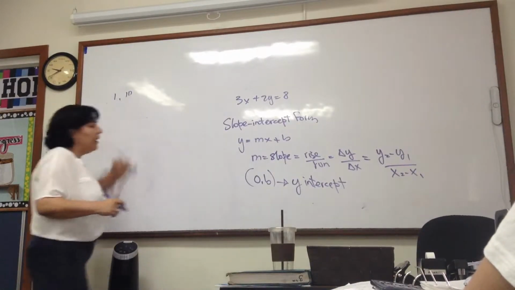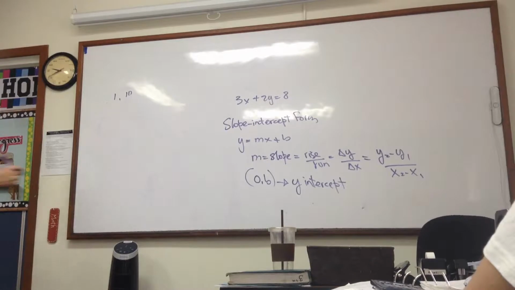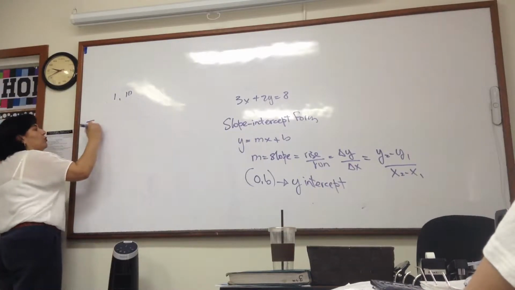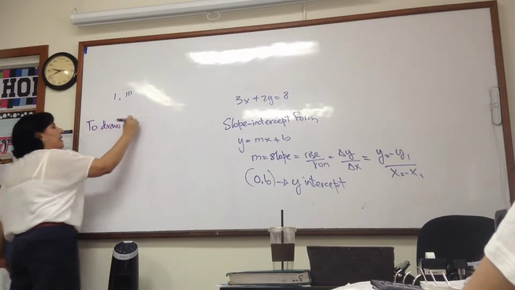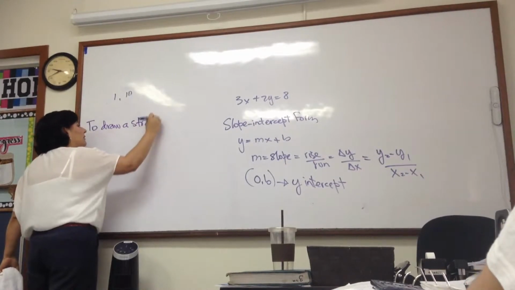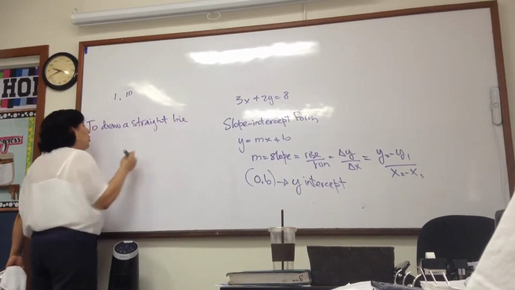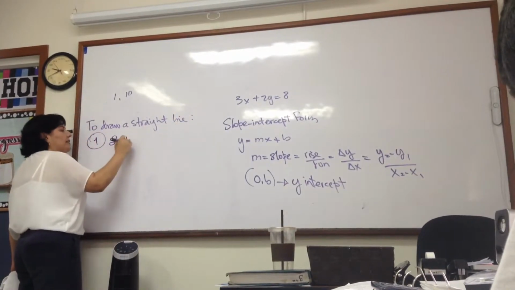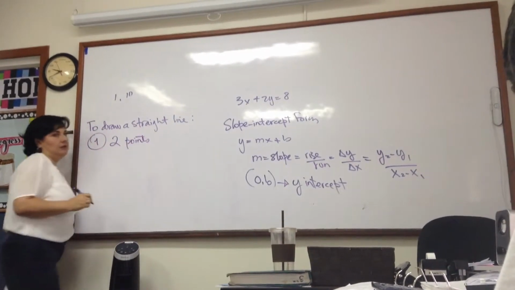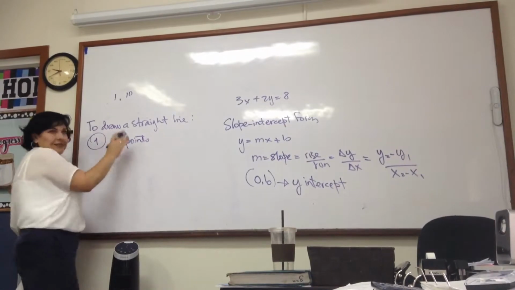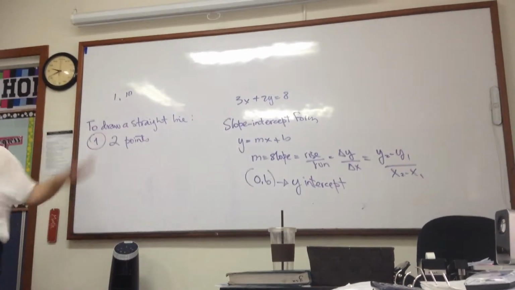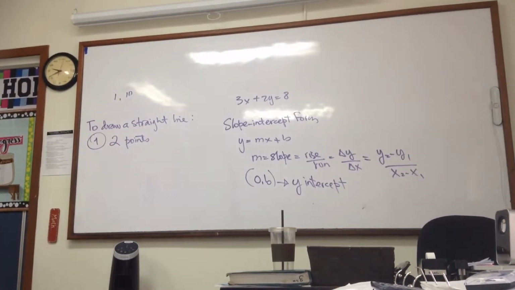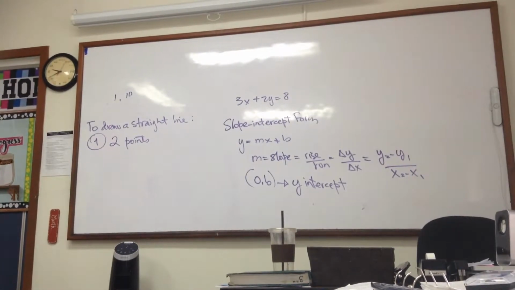Because what do you need to draw a line? A straight line. You need 2 points. Now, how can you attain those 2 points?